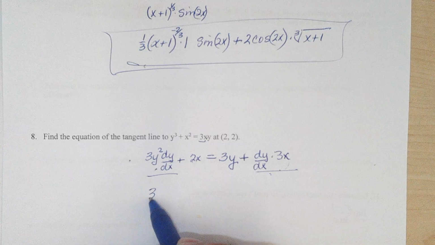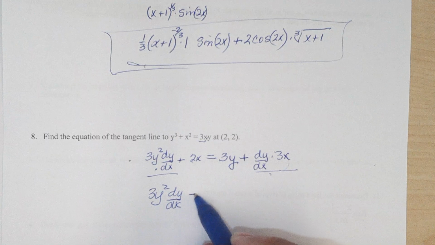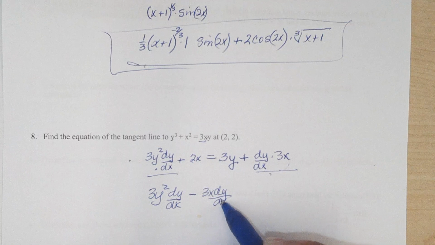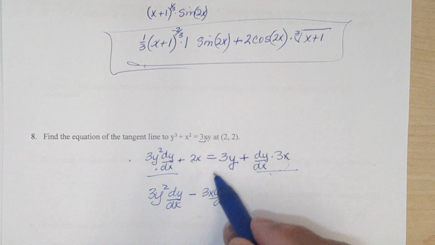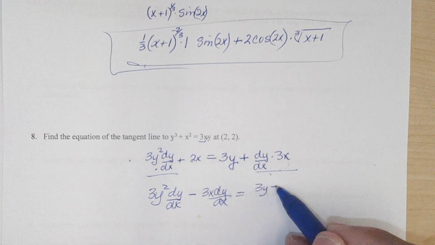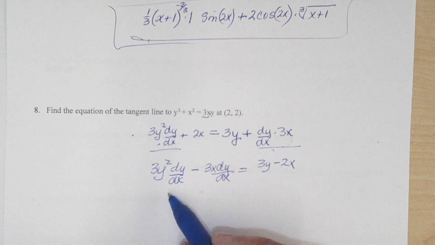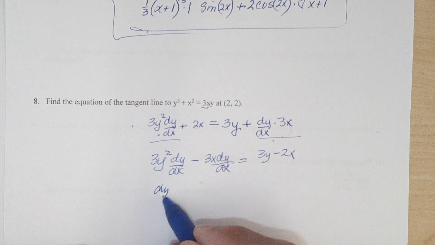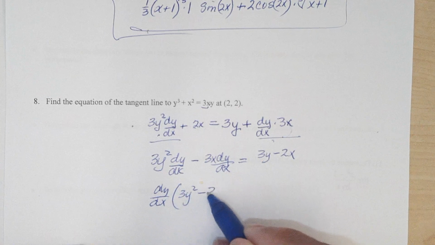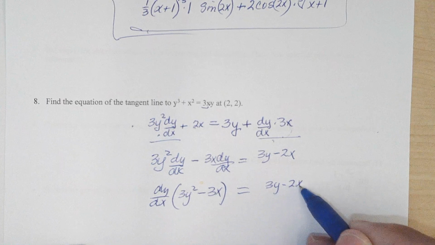So I'm going to have 3y squared dy dx minus 3x dy dx, bringing this to this side, equals 3y minus 2x. And if I factor the dy dx out of both of these, I get 3y squared minus 3x equals 3y minus 2x.